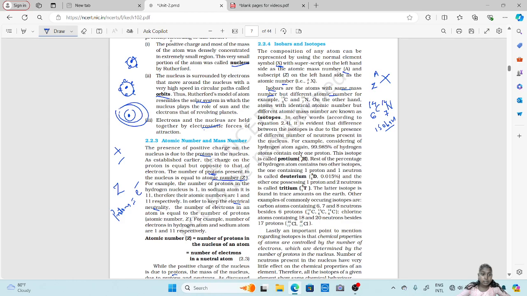Atoms with identical atomic number but different mass number are known as isotopes. So it is the exact opposite of isobars: you have the same atomic number but different mass number.